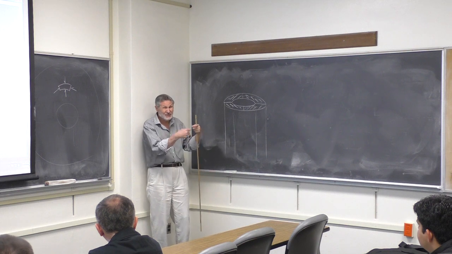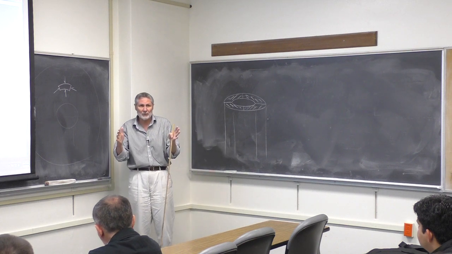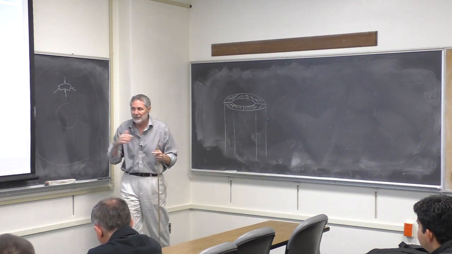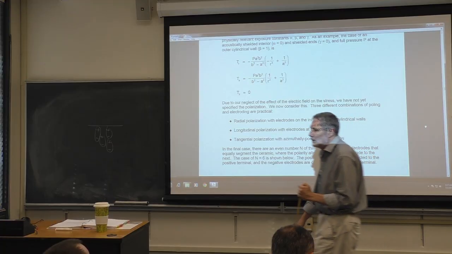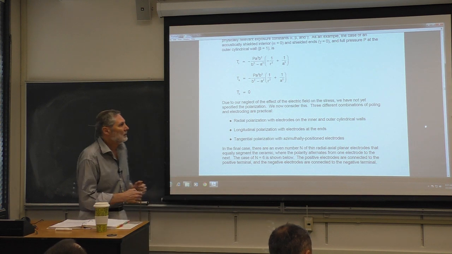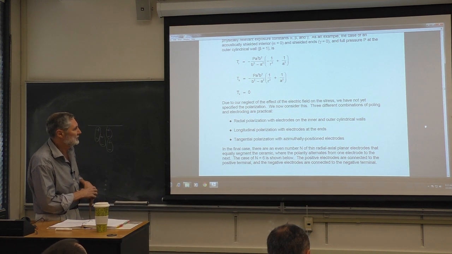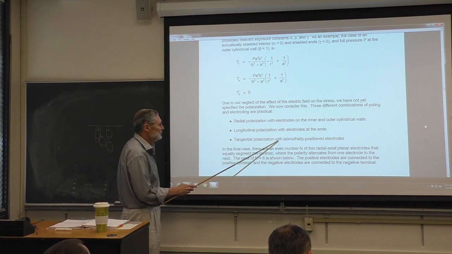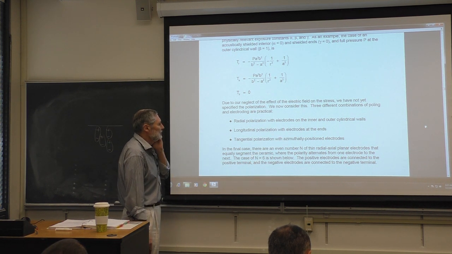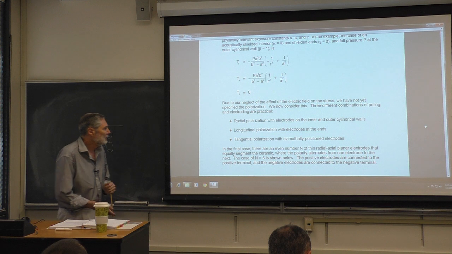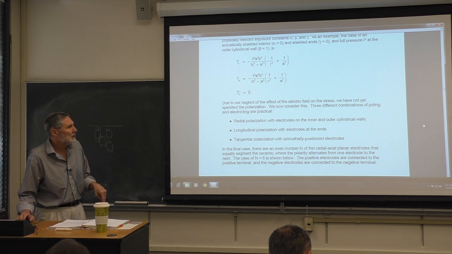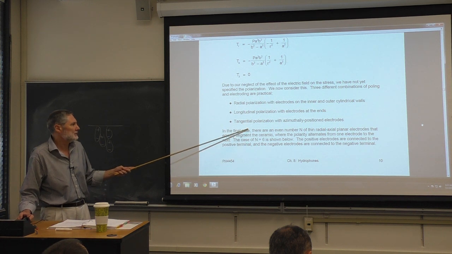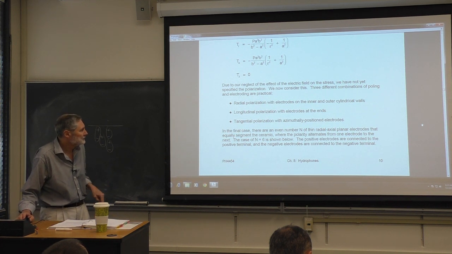And you have to alternate the polarization, just like we talked about before, remember the longitudinal segmentation, where you have to alternate, otherwise you're not going to get anywhere. We'll go over this some more later, okay? So that's the tangential polarization with azimuthally positioned electrodes. And again, we'll go over this in depth tomorrow.